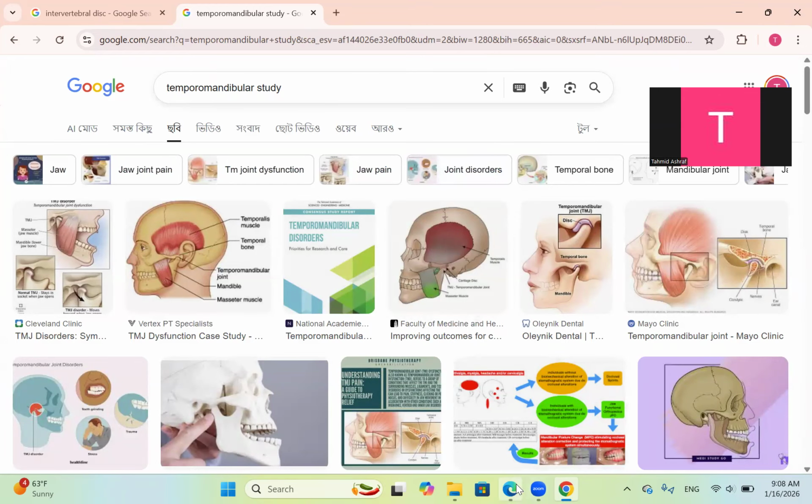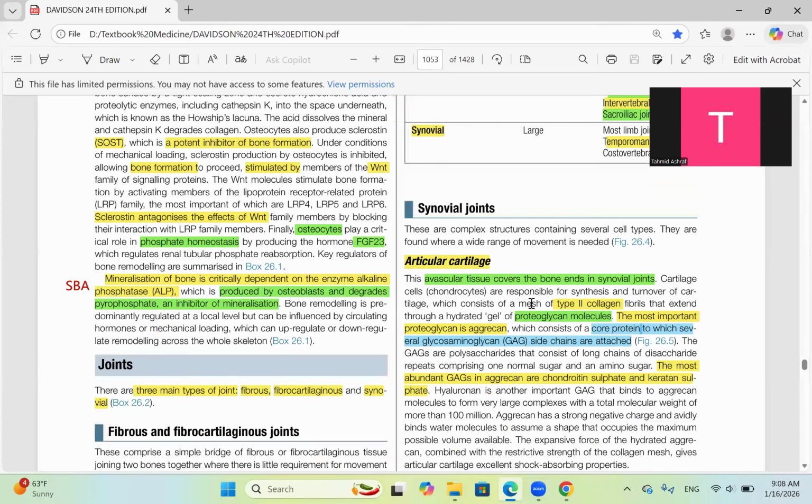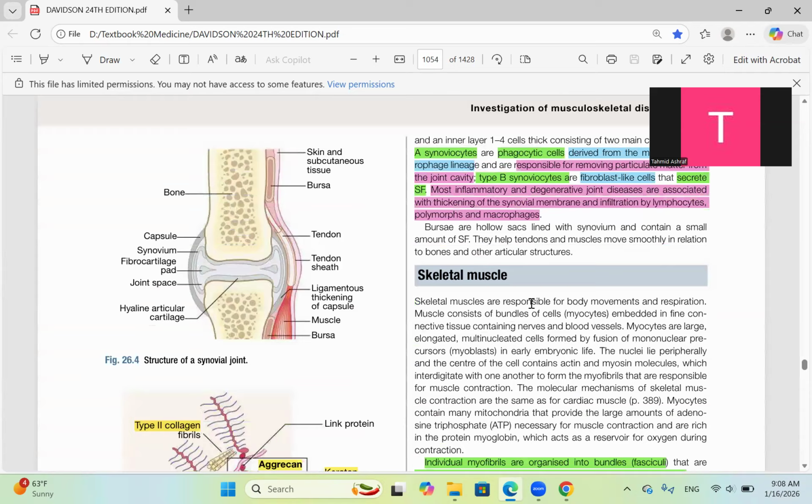So let's get back. Synovial joints. Let's see an image of a synovial joint first. In a synovial joint, there is a cavity which is called synovial cavity, and there is a joint capsule outside covering the synovial joint.